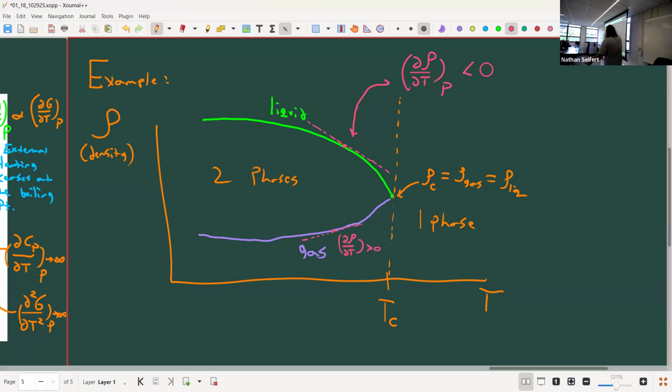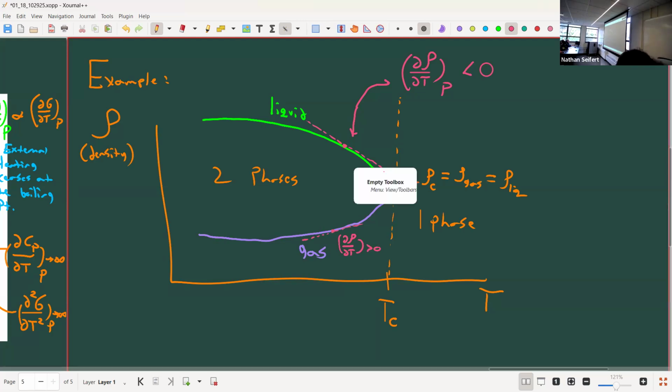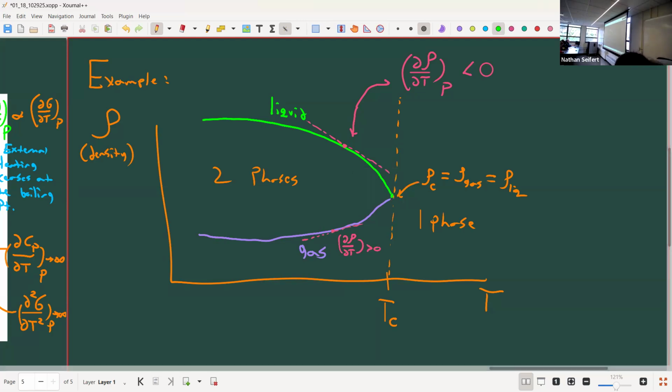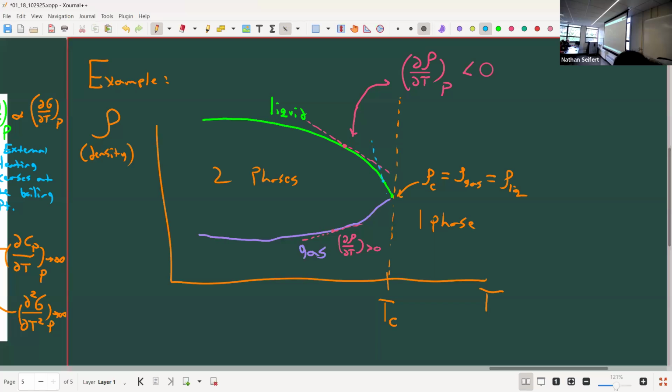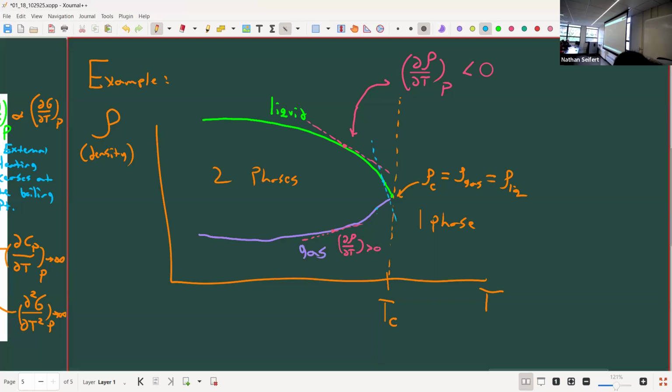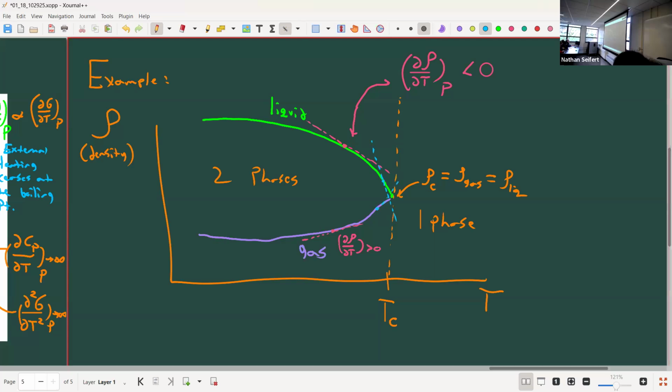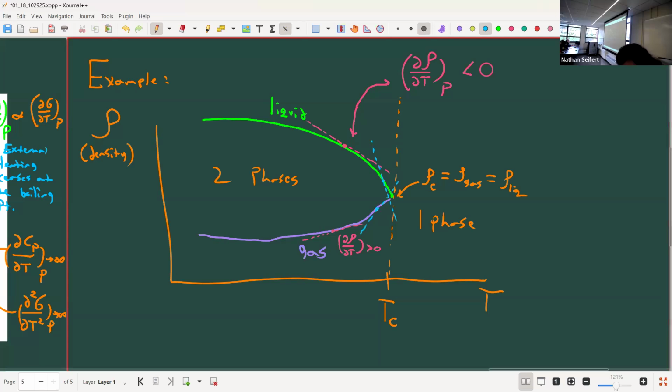Okay, and what happens to these derivatives as we approach the critical point? Well, they become sharper and sharper until we hit the point right in the center. What's the derivative there?